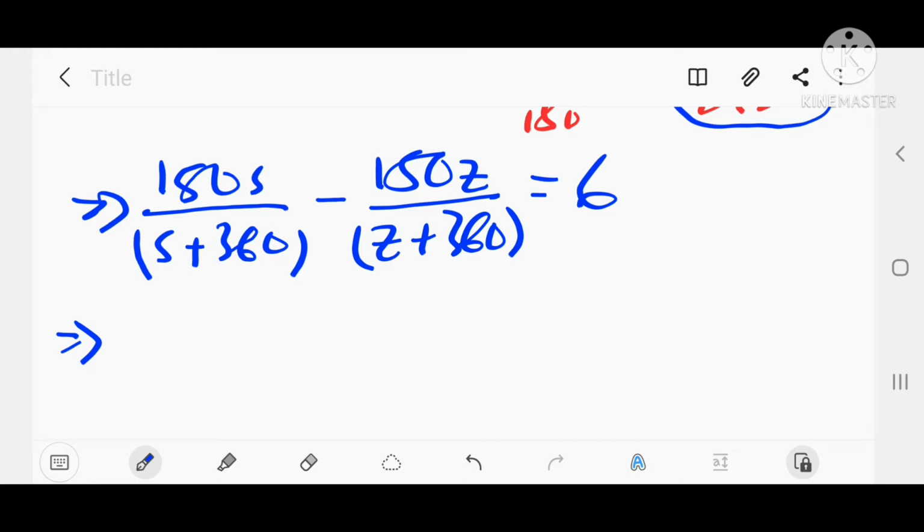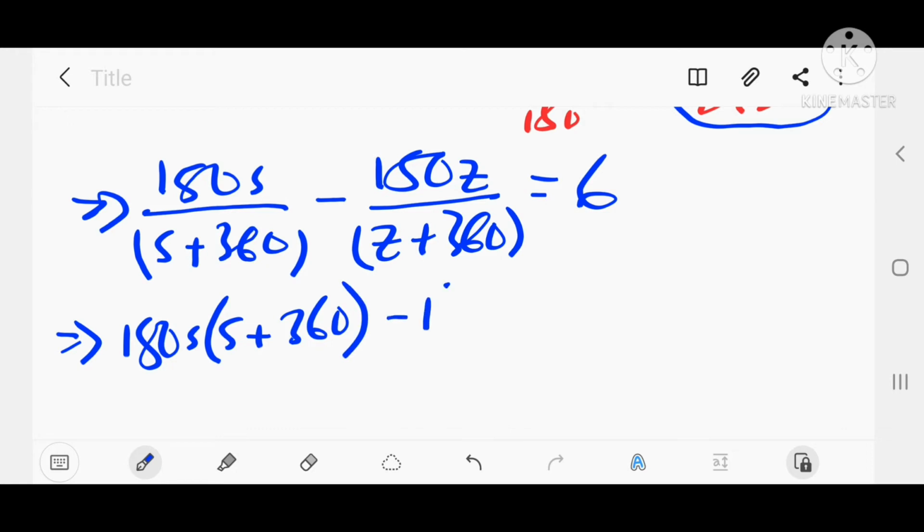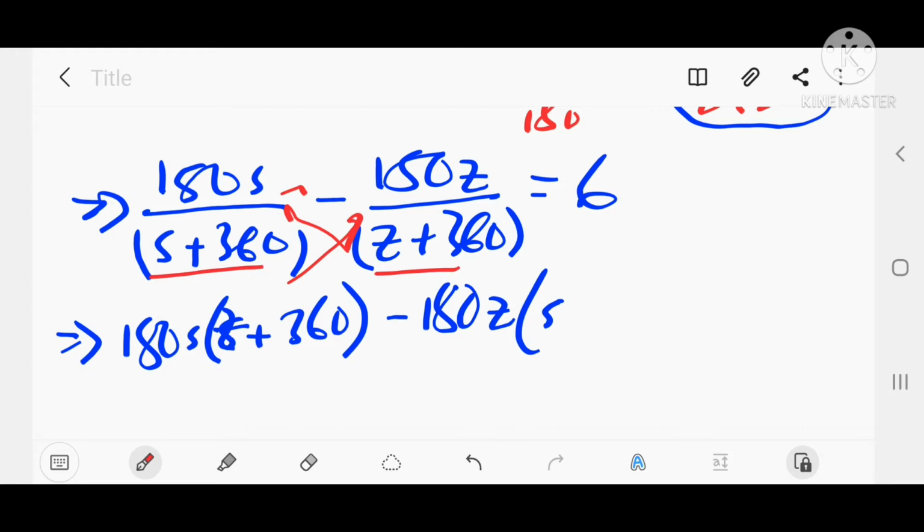So multiplying through by this LCM, that means that we have 180s multiplies s plus 360, minus 180z. Sorry, this is z, this should be z. This goes to multiply this, and this multiplies this, and the 2 multiplies this here.